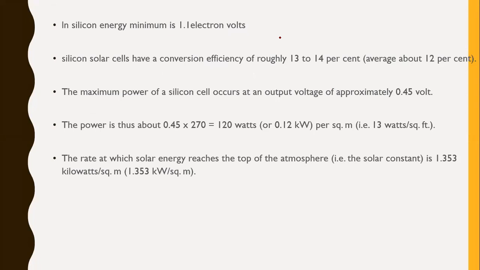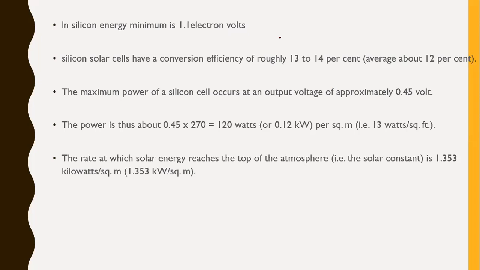Until now we are taking the solar radiation falling on the solar cell and saying that we are converting it into electrical energy. But strictly speaking, for both theoretical and practical reasons, not all of the solar radiation energy falling on the solar cell can be converted into electrical energy, only some part.